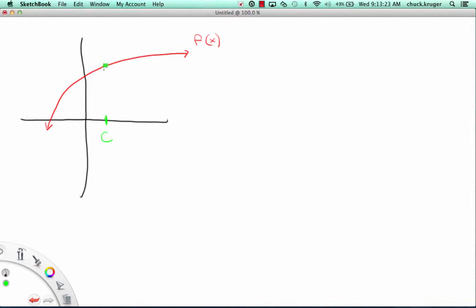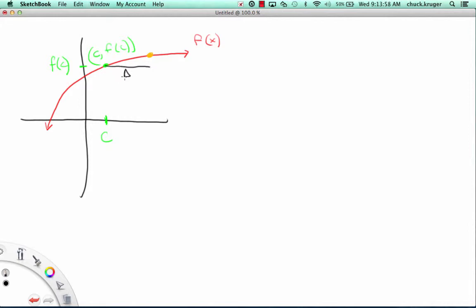So I have a point here. It's going to be f of c. So this is c comma f of c. Right here I'm going to have a point. And this right here is a little bit more than c.